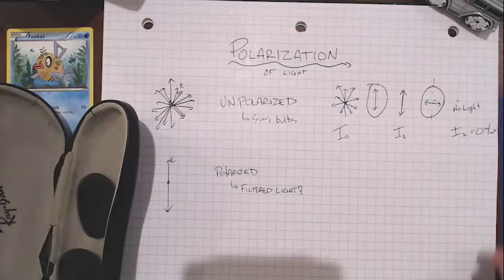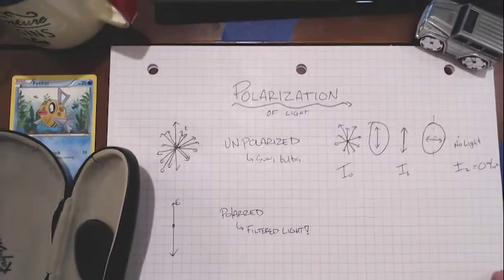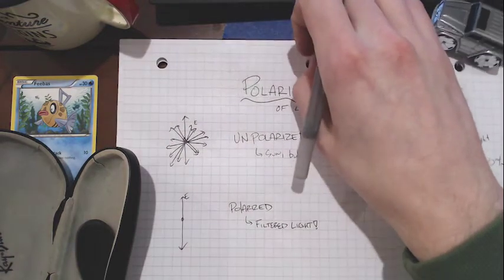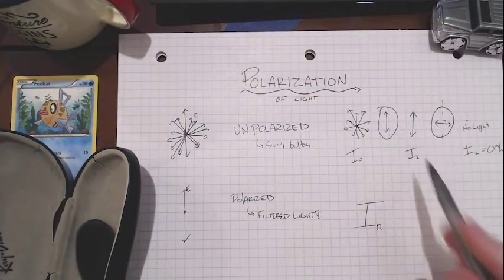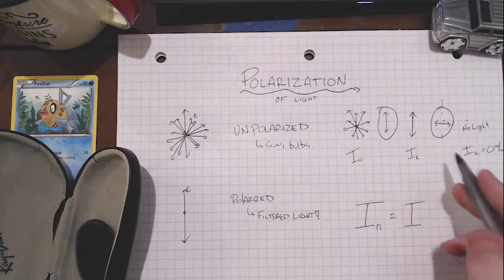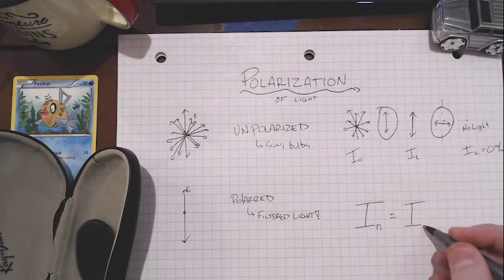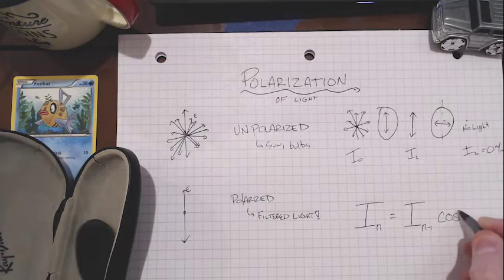There's an equation that describes polarizers called the law of Malus, and it goes like this. Some intensity after a polarizer, let's say over there, is equal to the intensity of the light that came before that polarizer, I(n minus 1), times the cosine squared of phi.